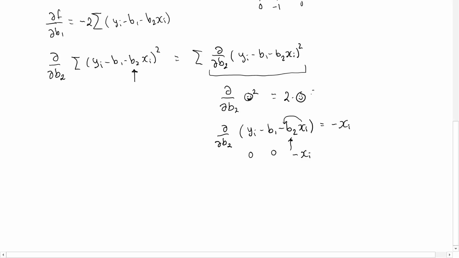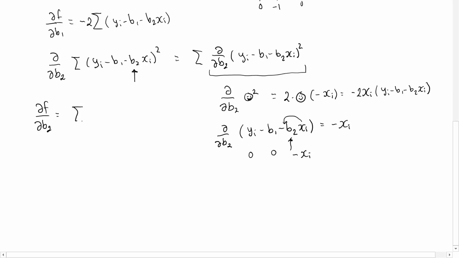So we need to multiply that by minus xi. Putting this smiley face back, it's minus 2xi times yi minus b1 minus b2 xi. So we now also have the partial derivative with respect to b2.